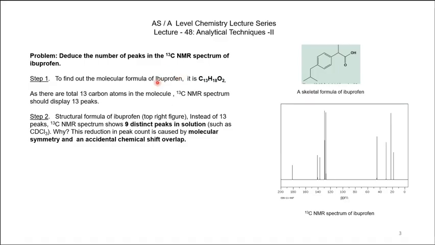So what do we do? The first step, we take the molecular formula of ibuprofen, which is C13H18O2. Then we expect at most 13 peaks in the spectrum if all the carbon atoms are in different, non-equivalent environments.